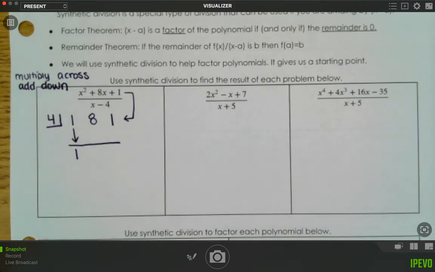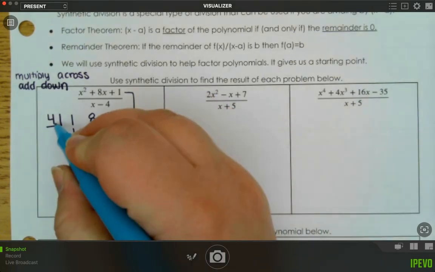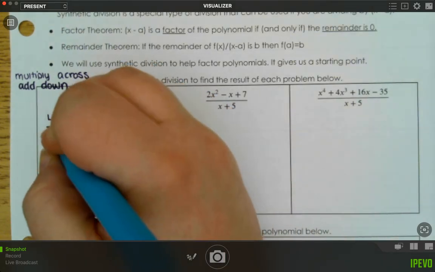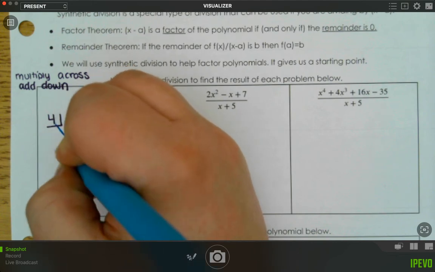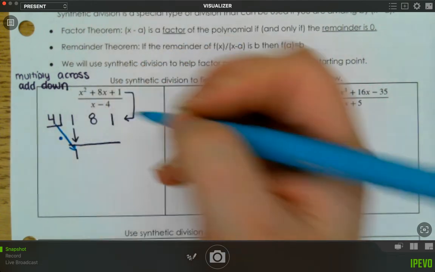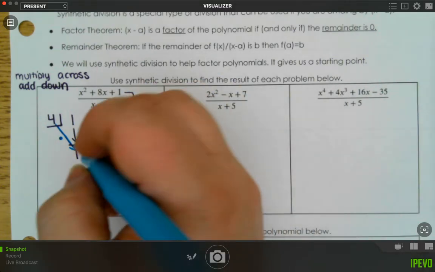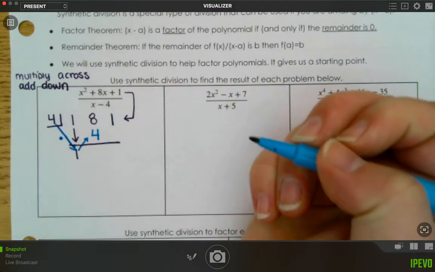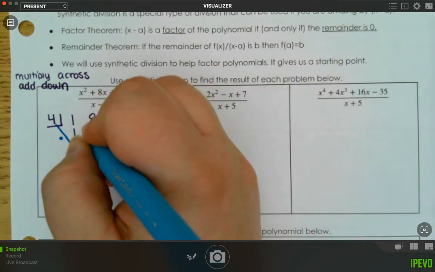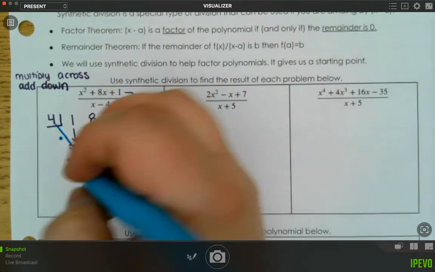What I mean by multiply across is you want to multiply these two numbers together. And I'm only going to draw these arrows the first time. I'm not going to draw them again. So you're going to multiply these two numbers, and you are going to write your answer right here. And then you are going to add these two things together.